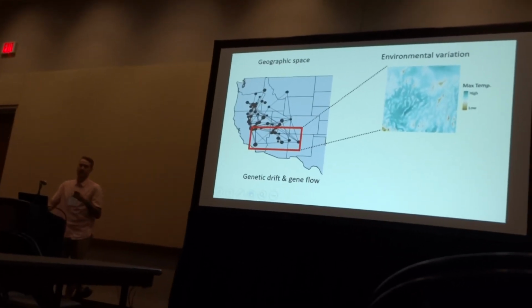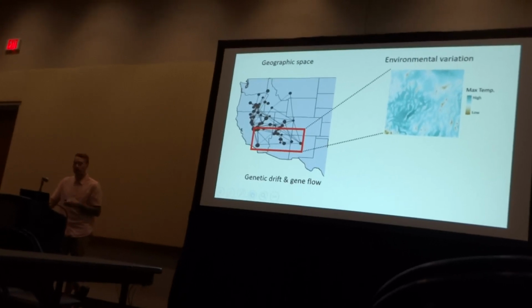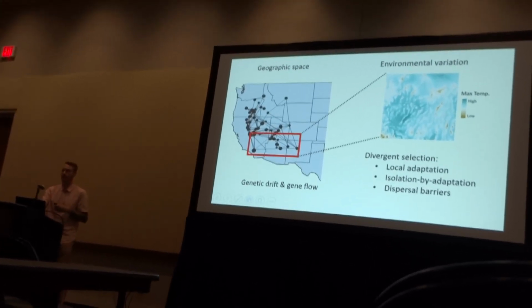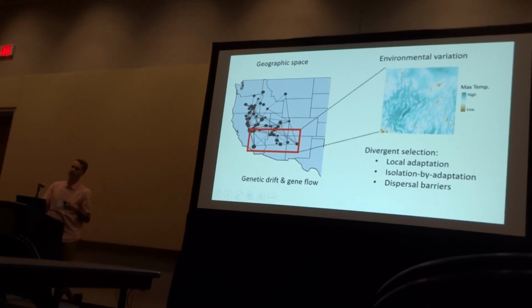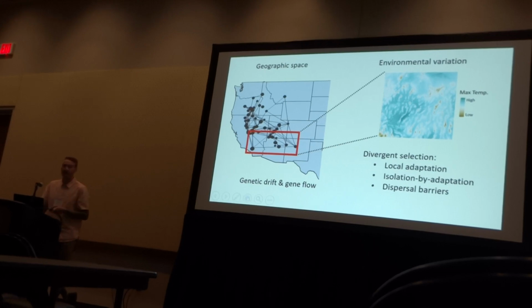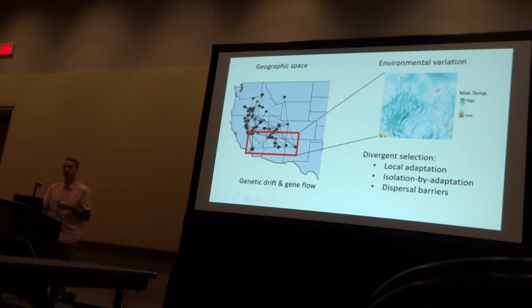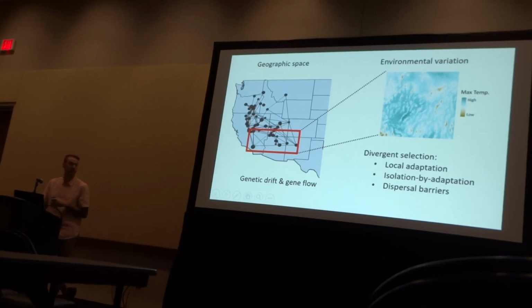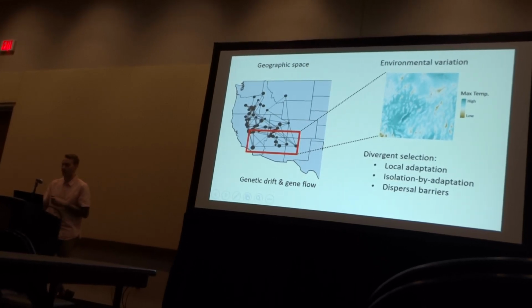With that they're influenced by environmental variation that can cause divergent selection in a few different ways: local adaptation from direct selection from environmental or ecological processes; isolation by adaptation or niche partitioning, where two populations occupy different niches within the same geographic space; or environmental variation can create dispersal barriers that limit gene flow.